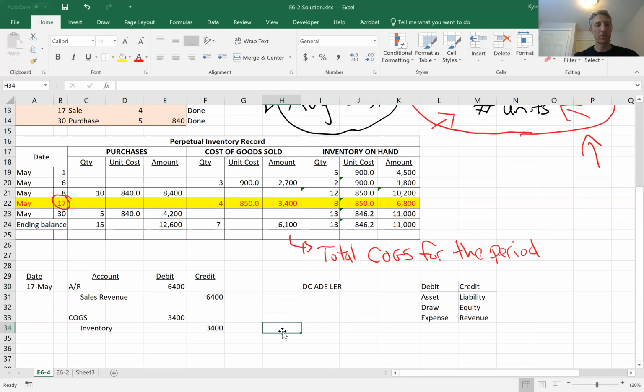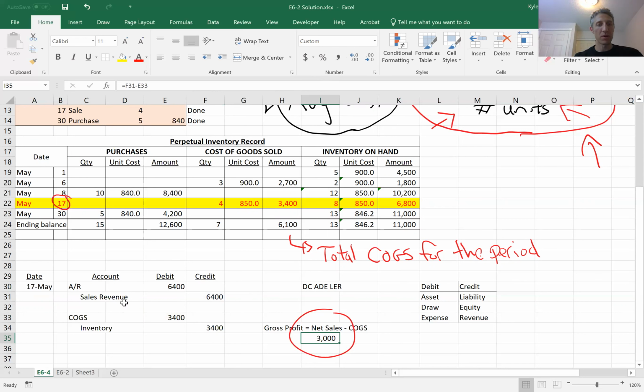Gross profit, we know, is net sales minus cost of goods sold. In this example, that's 6,400 minus 3,400 for a total gross profit of $3,000.